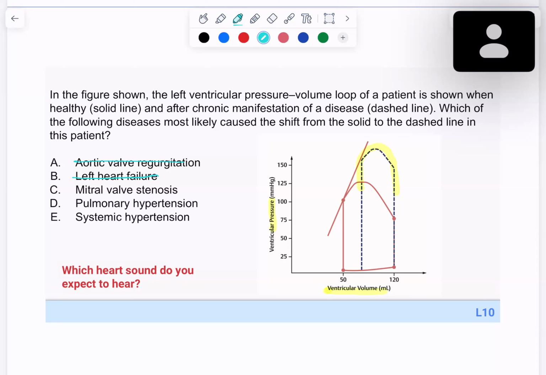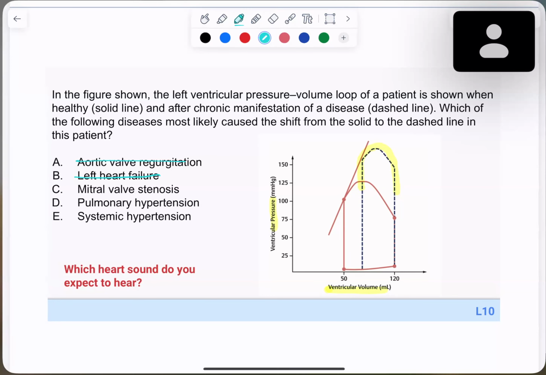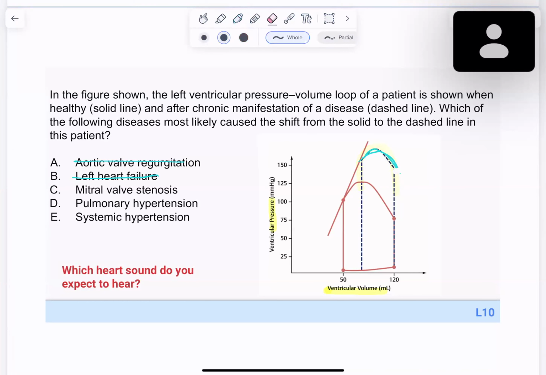Mitral valve stenosis would not give you this kind of view, because the left ventricle is not working against any hard pressure. The issue here is that the ventricle should not have this much blood pressure working against it, right? When you look at this high blood pressure, you need to think about something that the heart is working hard against, so that the pressure in it is so increased.